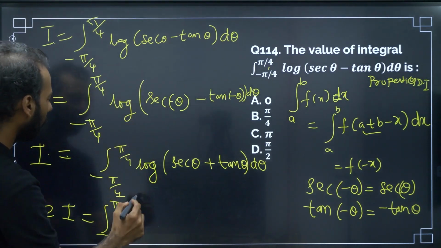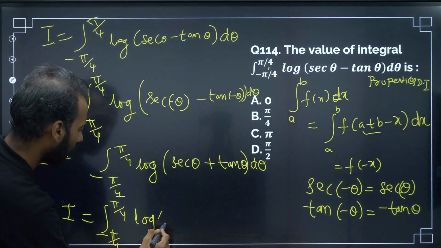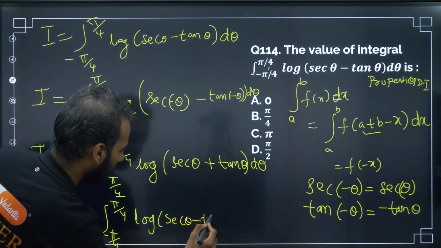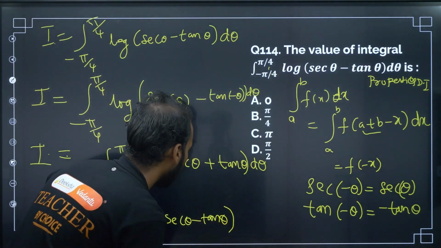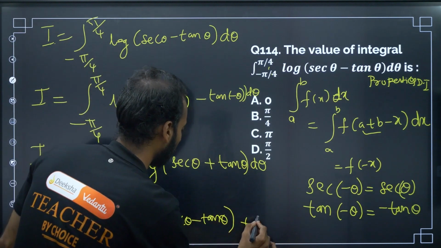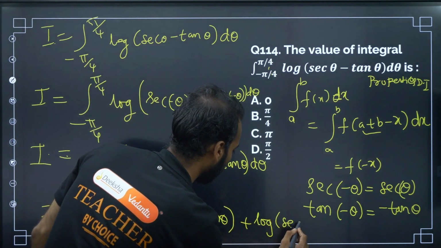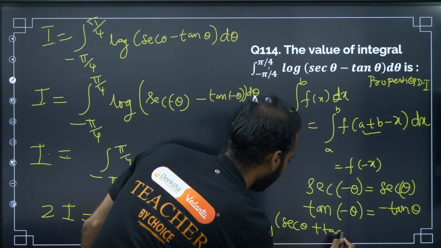Now the sum of log of secant theta minus tan theta, and then plus log of secant theta plus tan theta.